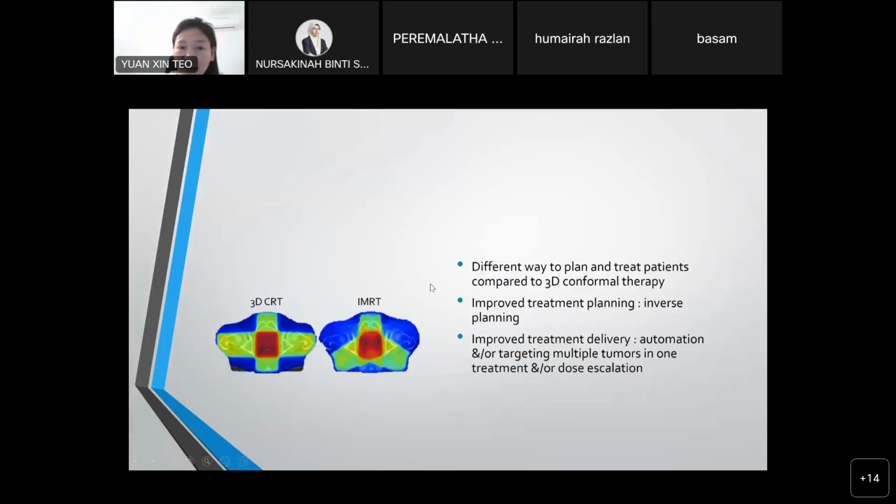While by using IMRT, we can create as many beams as we like to create a much more conformal dose to the tumor, so it improves the treatment planning. In IMRT, previously they would say this is inverse planning. I will explain this a little more later. So by using automation and targeting multiple tumors in one treatment, or dose escalation, overall it will improve the treatment delivery.